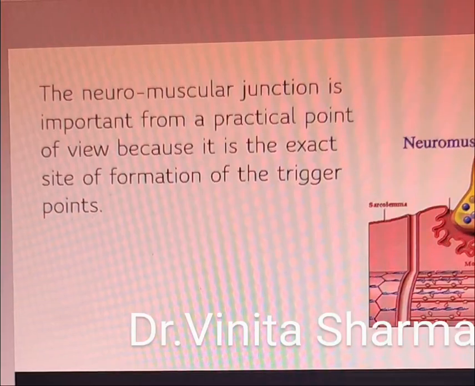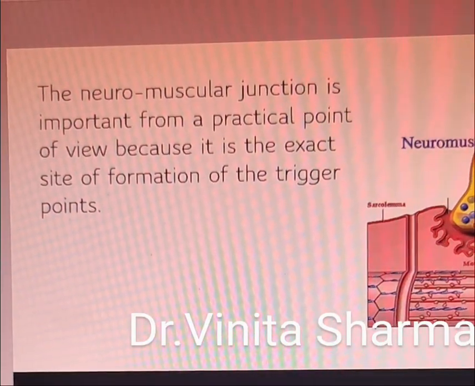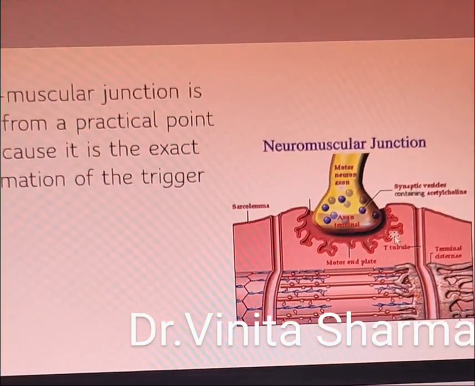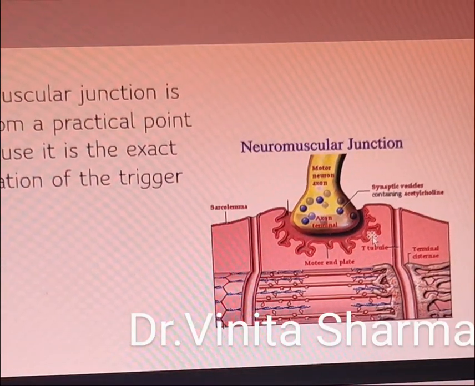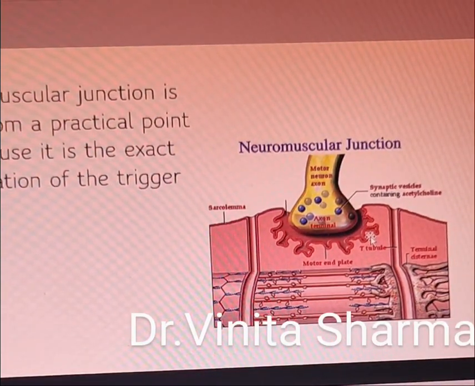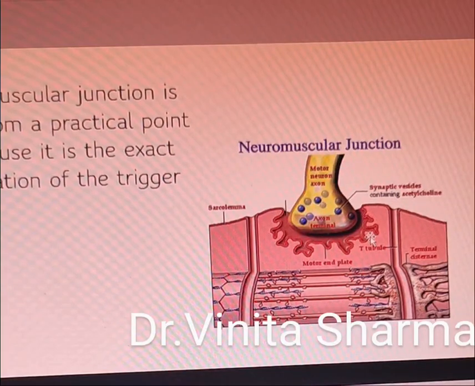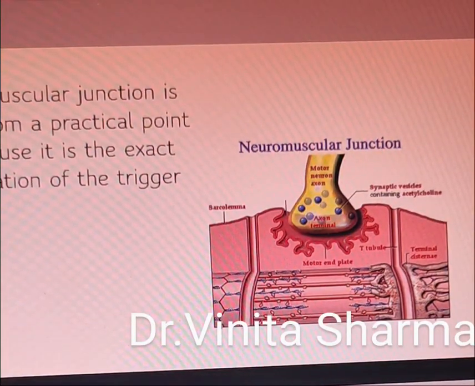Wherever this neuromuscular junction is, where the acetylcholine works or the motor neuron axons meet the motor end plate of the muscle, there we find the trigger points. So this is the location site of the trigger points.